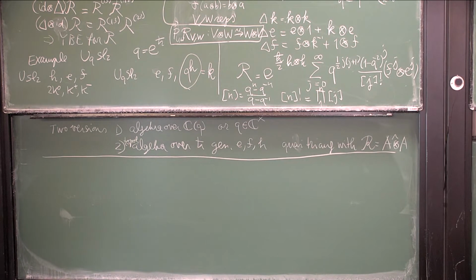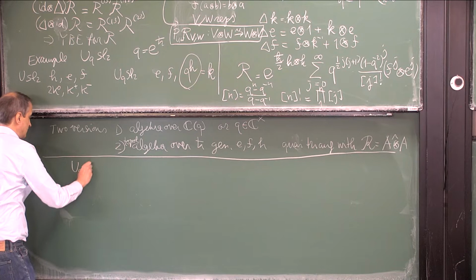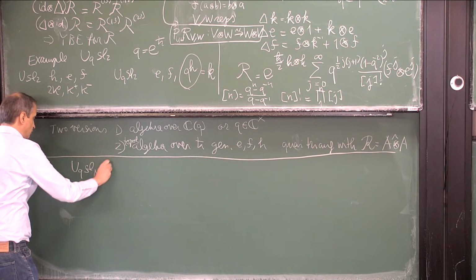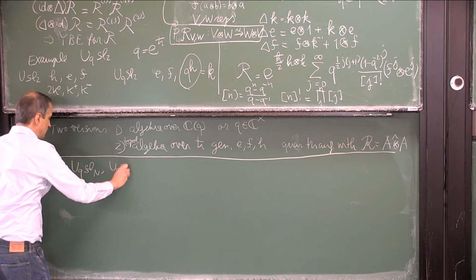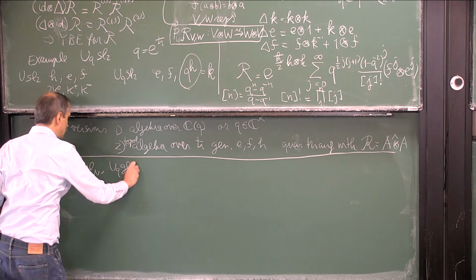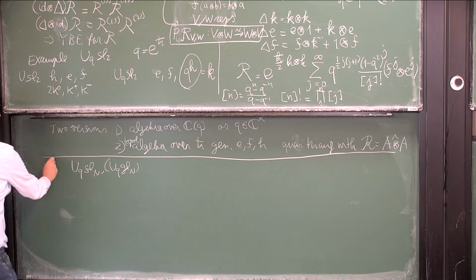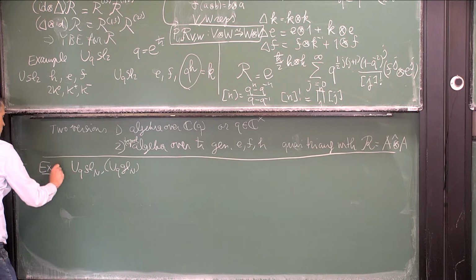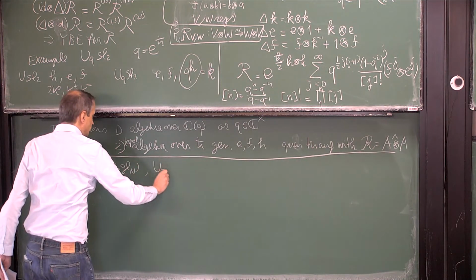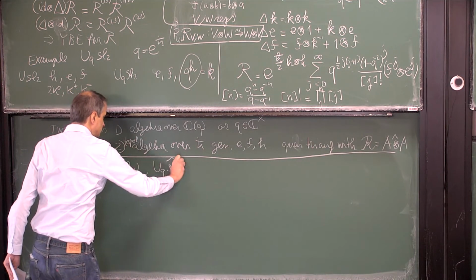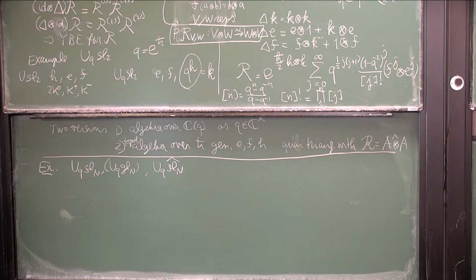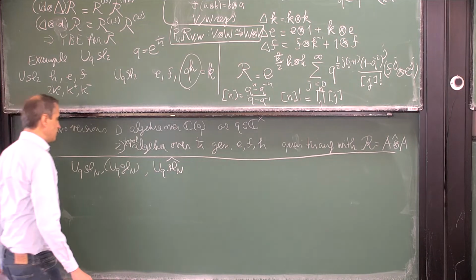I don't want to give the general theory now, but I want to say something more about U_q of SL_N and maybe U_q of GL_N. So it's given by the same type of formula. And also, the examples that we want to study are this one and U_q of SL_N hat, which is the central extension that Matthias was also talking about.